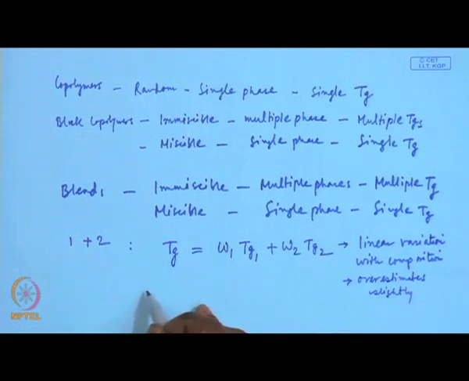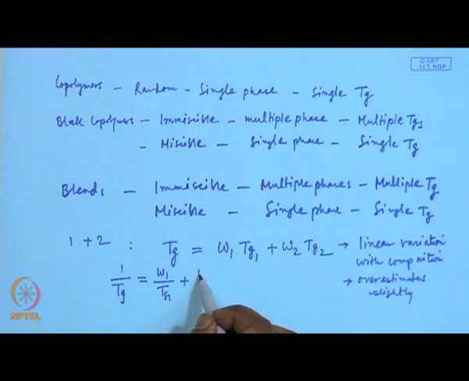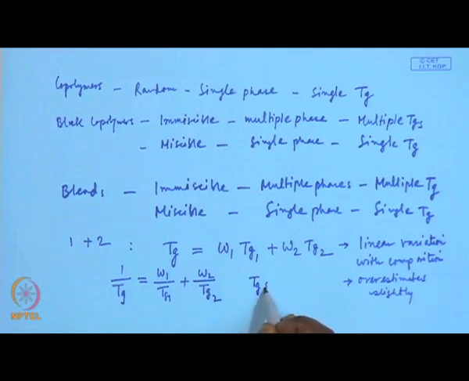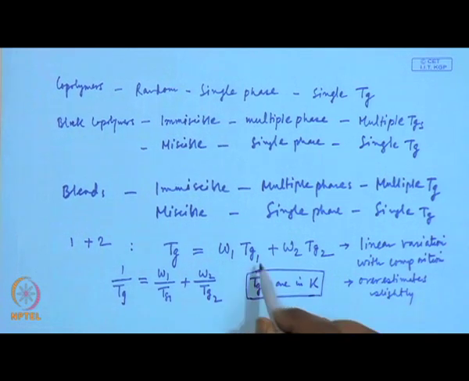So, the other equation used is given by 1 by Tg equals W1 by Tg1 plus W2 by Tg2. Again the terms are the same. Remember, these Tg's are in Kelvin, so do not confuse that. For applying these equations, you must take the temperature in Kelvin.